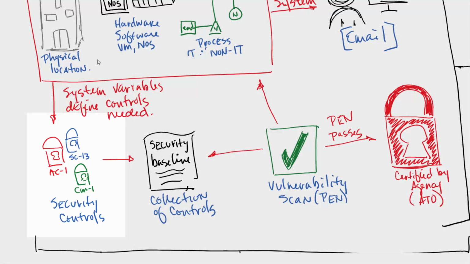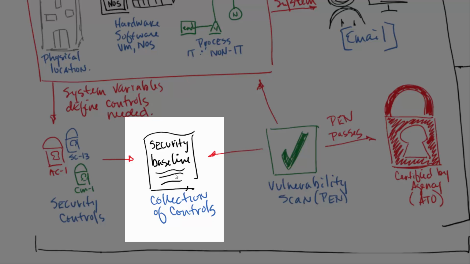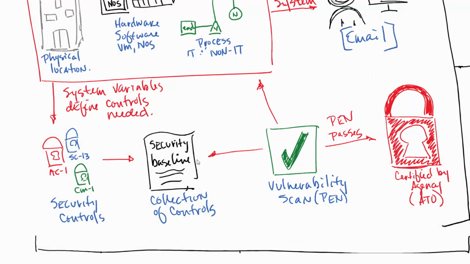But we develop these controls based on these parameters. And then we collect those controls in what we call a security baseline, or in the federal government, they call it an ATO.